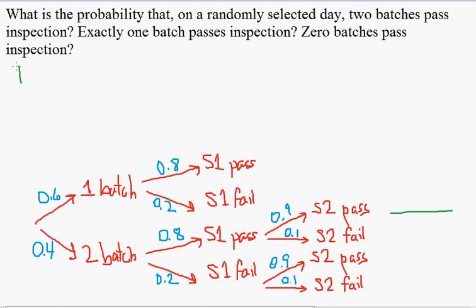So the probability of 2 batches passing inspection will be equal to 0.4, the probability that 2 batches arrive, times the probability that the first one passes inspection, times the probability that the second one passes inspection. So 0.4 times 0.8 times 0.9. If I multiply those together, I get 0.288. And that's this one right here, 0.288.